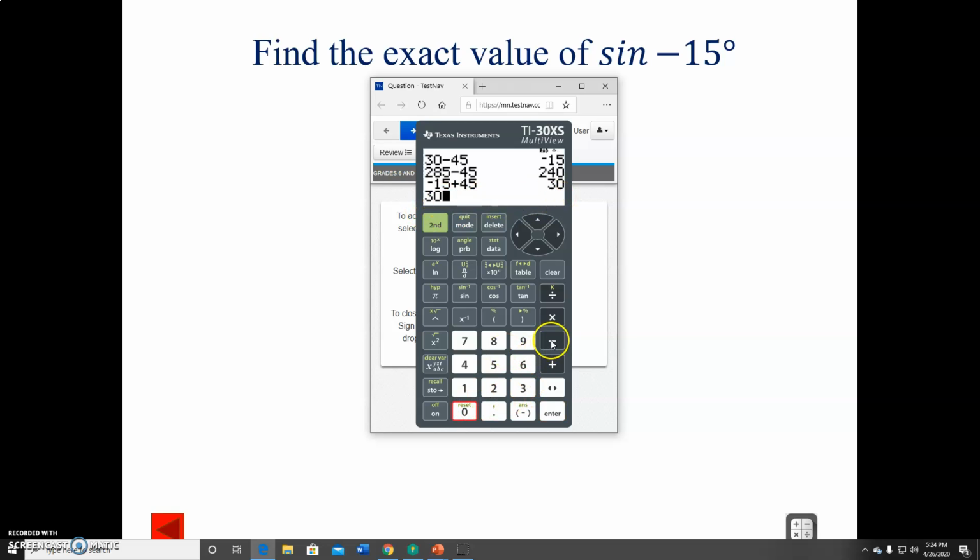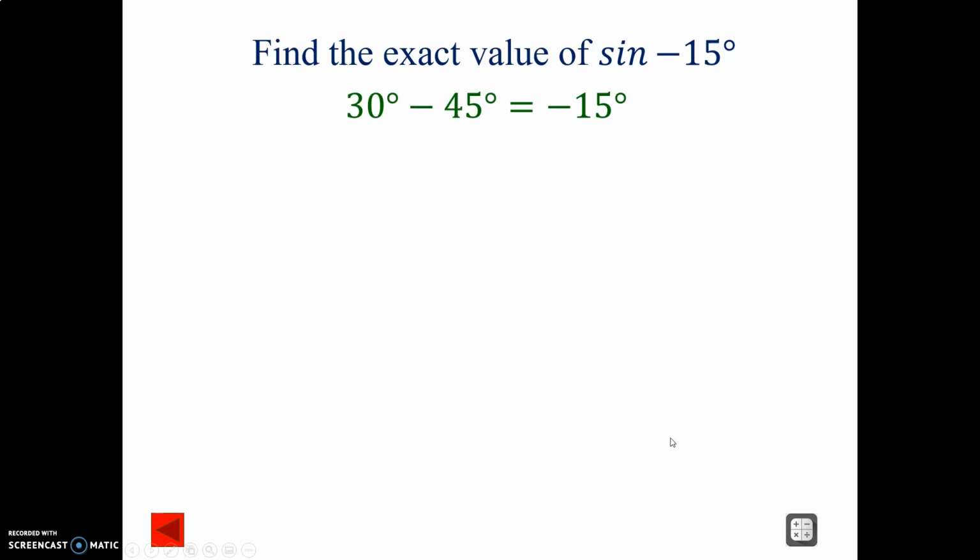So that 30 minus the 45 will give us the negative 15. So using 45 as a base can assist us with finding the two numbers. All right, so there's our 30 minus 45. And again, it has to be in this order because 45 minus 30 won't give us negative 15.